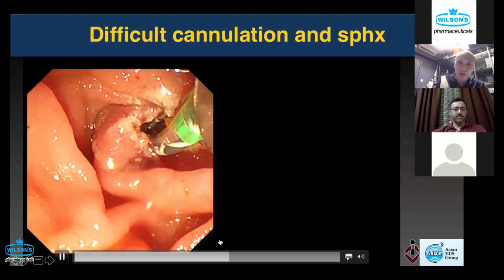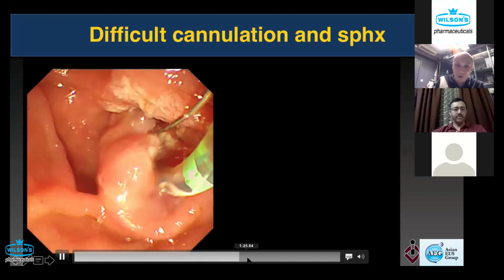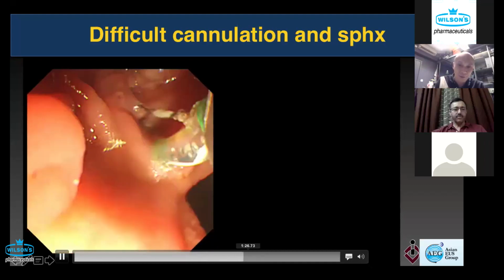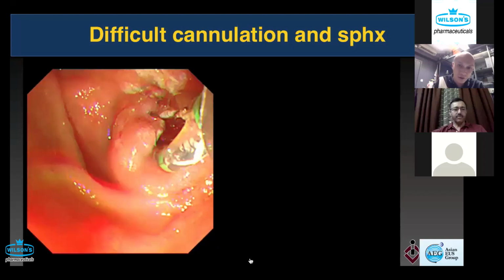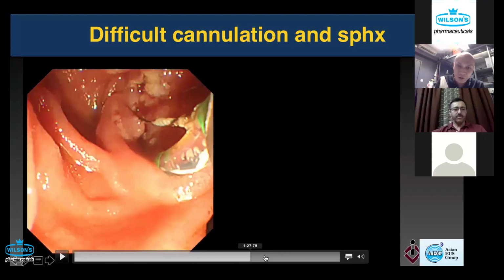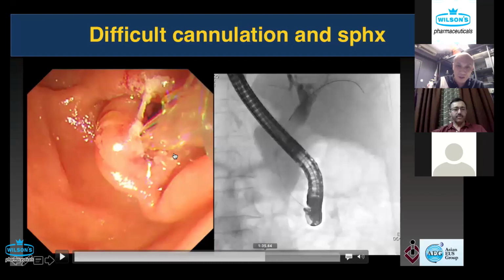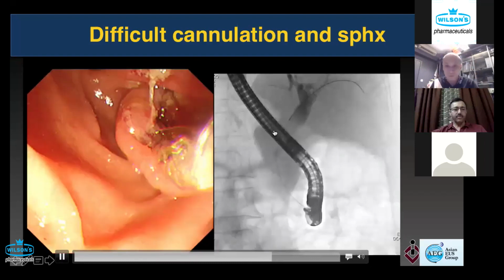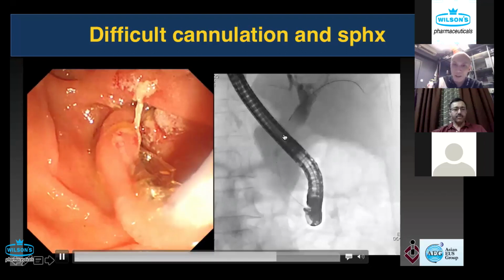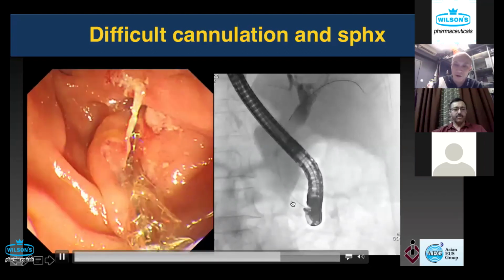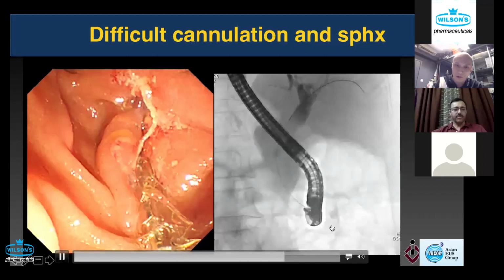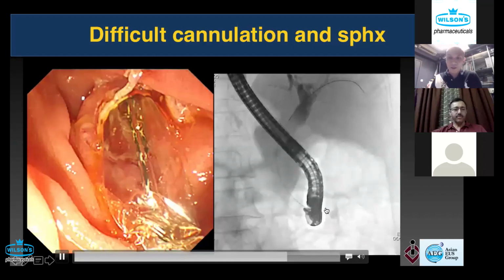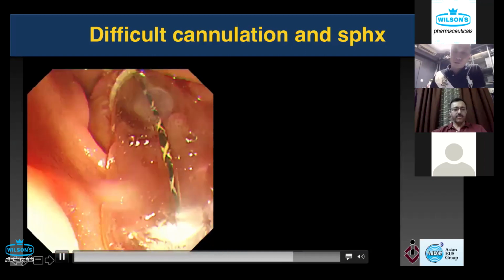So this happened a few times, and then eventually I decided that I'm going to do a balloon sphincteroplasty because the patient had a stone. So I decided to pull out the sphincterotome and change to the balloon dilatation. You can see the CBD is not very dilated. It's around maybe 13 millimeters. So I dilated to around 10, and the stone was a small stone.